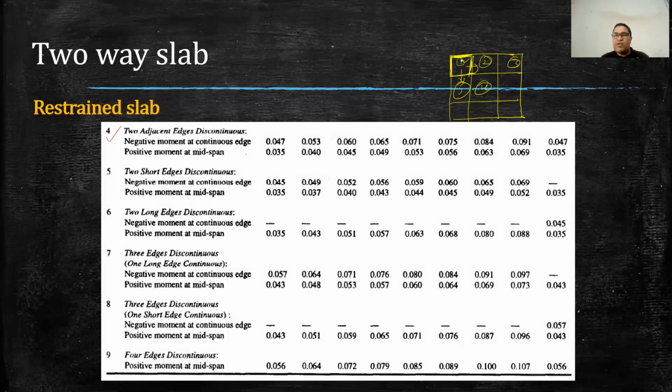So slab 1 will fall in which category? In case 4, in which it is said that two adjacent edges are discontinuous. So slab 1 will fall in case 4, and with reference to case 4, we can determine the value of alpha x.